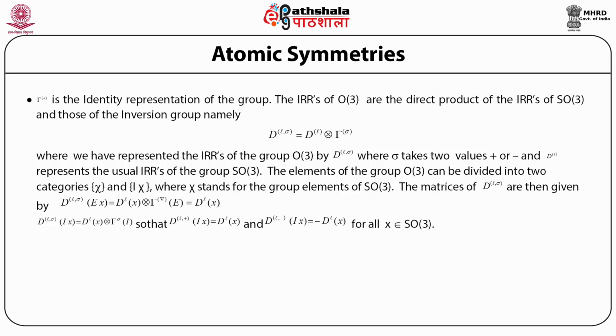For the symmetry element X, D_l sigma of X is equal to D_l of X, and likewise D_l sigma of IX is equal to D_l of X times gamma sigma of I, so that D_l plus of IX is equal to D_l of X and D_l minus of IX is equal to minus D_l of X, for all X belonging to the group SO3.